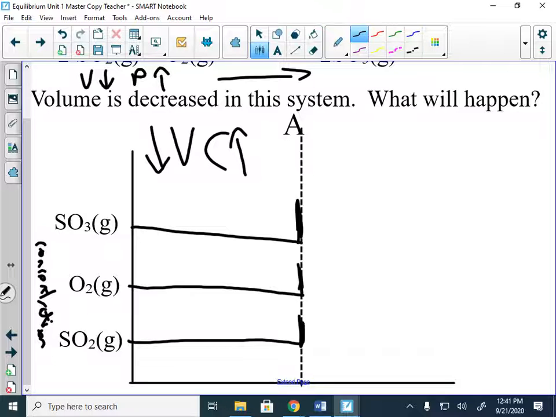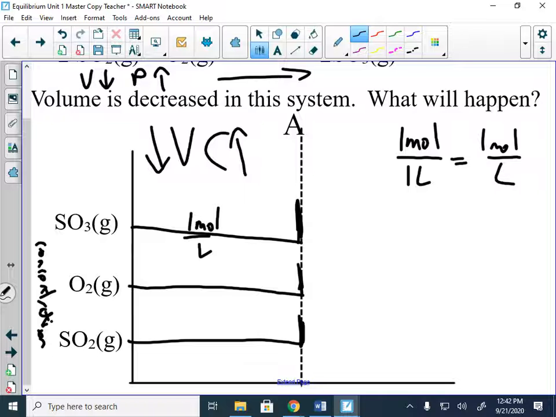So if SO2 before the crunch was 1 mole per liter, let's just say it was 1 mole per liter, okay? And we cut the volume in half, it would spike to 2 moles per liter because 1 mole in 1 liter is 1 mole per liter. But if the volume gets smaller, maybe it's 1 mole in half a liter. So the concentration goes up.